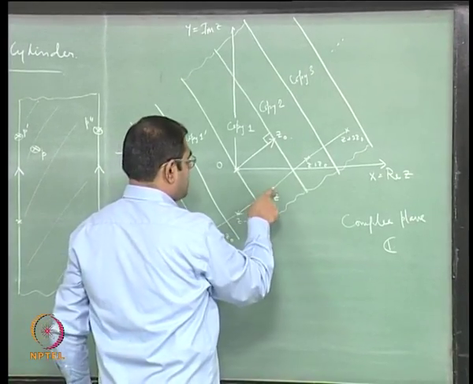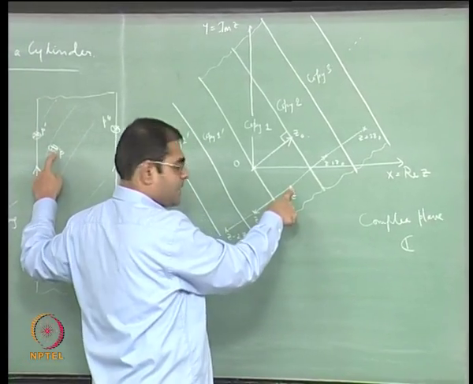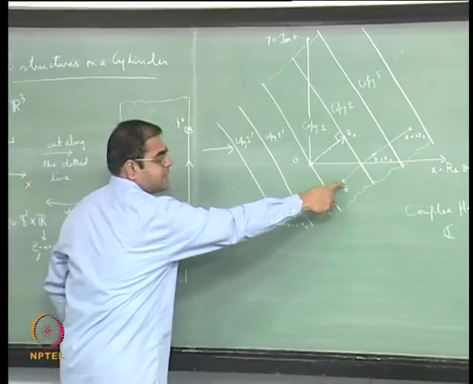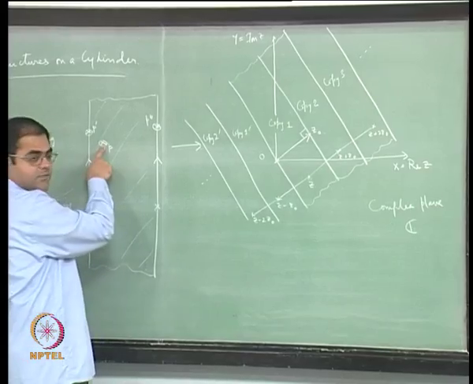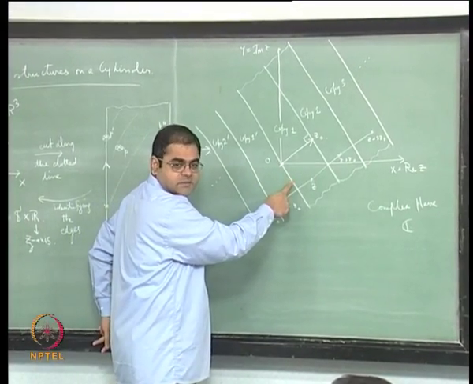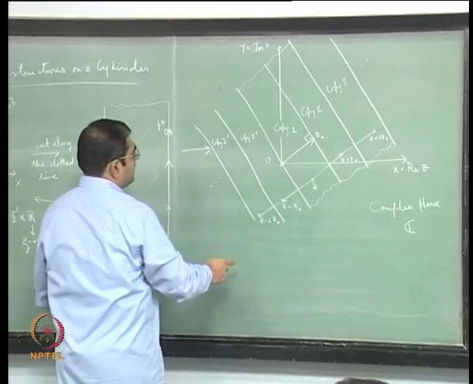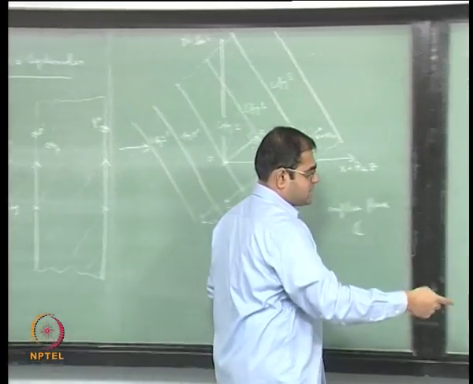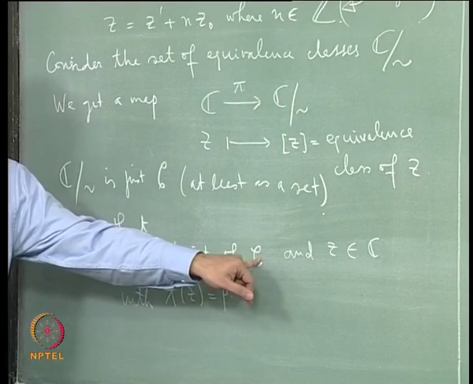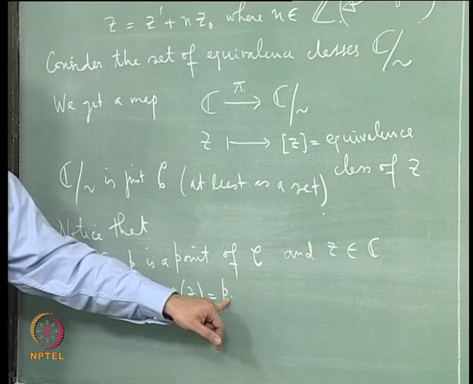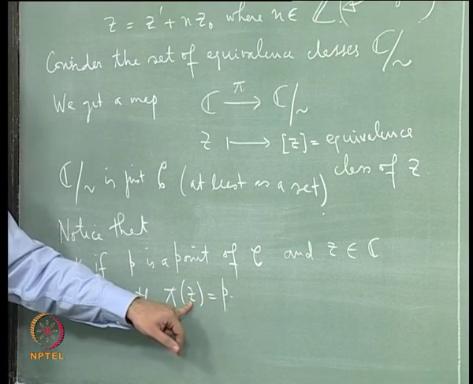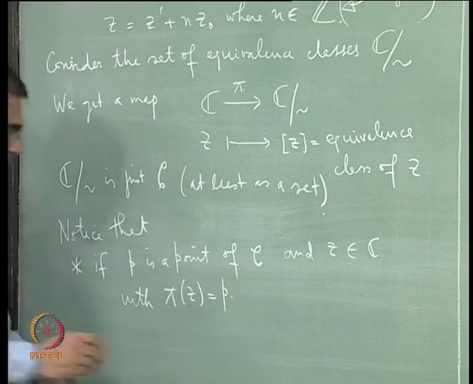So Z is a point which goes to P. The way I have drawn it, this Z has to go to this P because this is an interior point of the strip, but this Z could have well been on one of the edges, and that is the situation I am looking at. I am taking a point of the cylinder, you think of it as an equivalence class and you take a representative of the equivalence class.